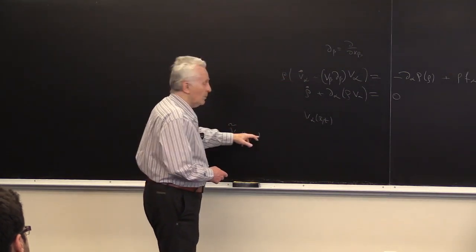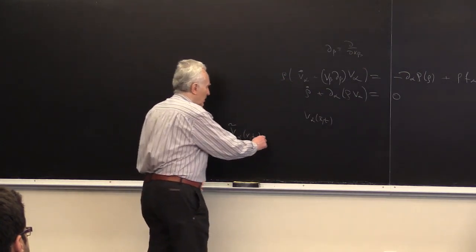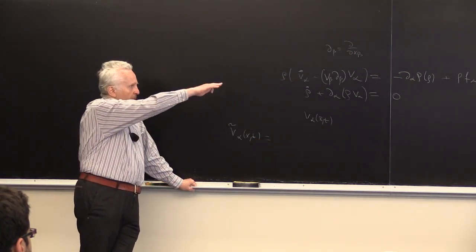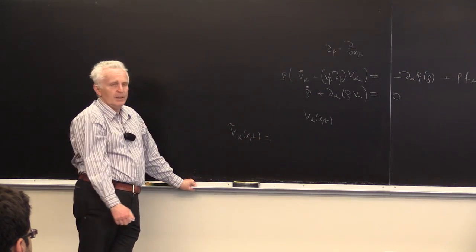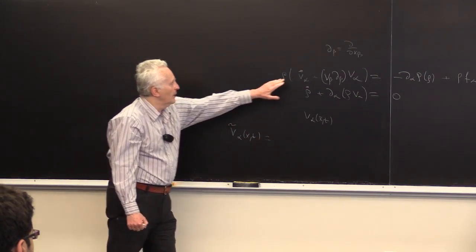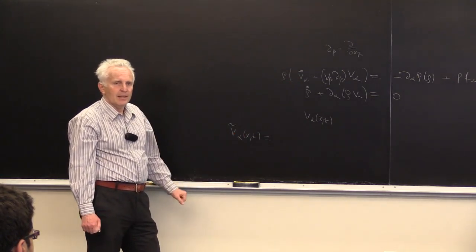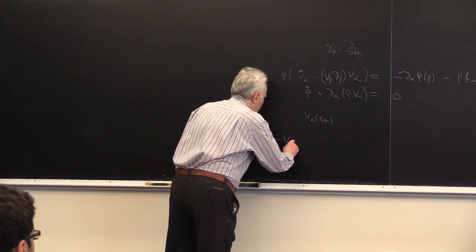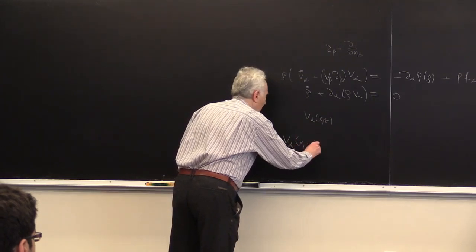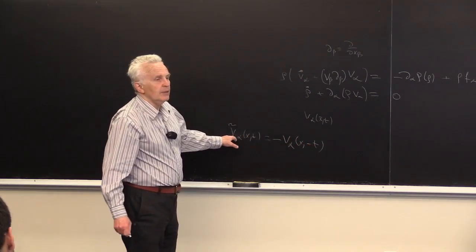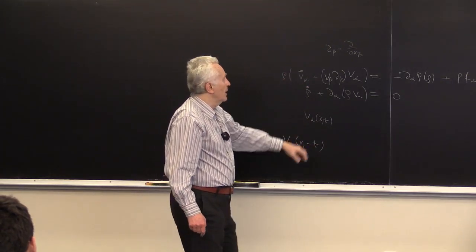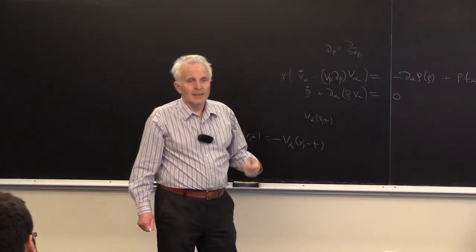So what would you say the new solution is? We still have to look at the other parts of the equation, but I'm now thinking about this one. V tilde equals negative v. That's right. Indeed, if you substitute V tilde, this term will not change. Now, what about this one?